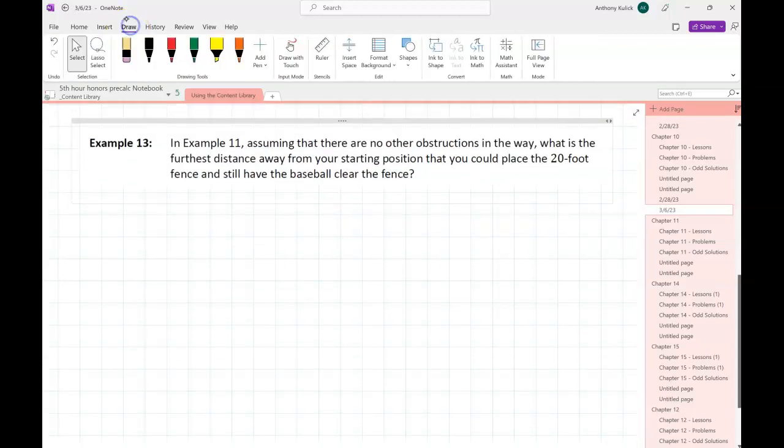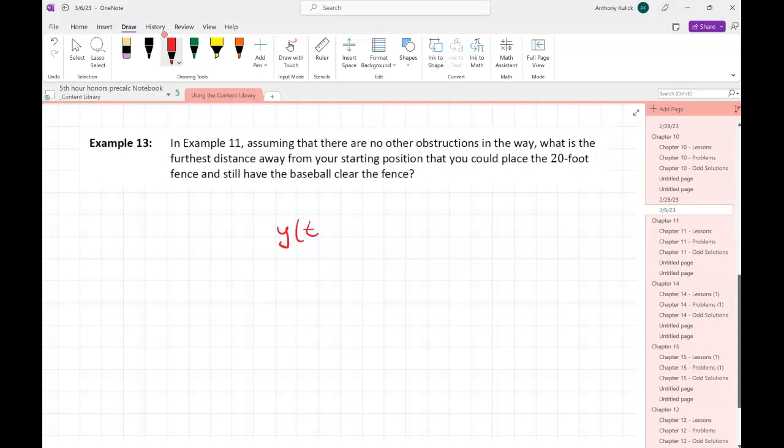So here, what are we asking for? Are we asking for a height or a distance? Are we asking for an x component or y component? It's asking for an x component, right? How far away could that fence be placed? So we're going to be solving y of t for t and then plugging that t back into x, right?